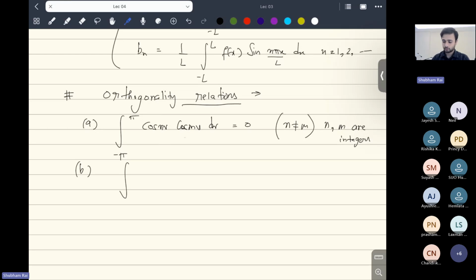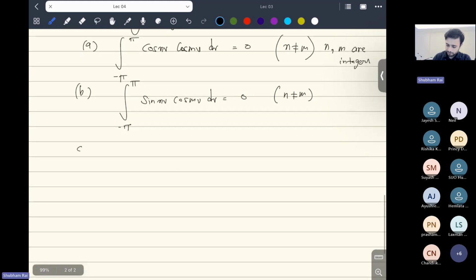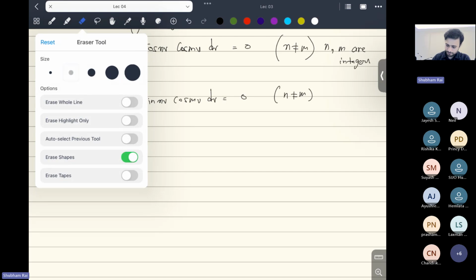And then again integral from minus pi to pi of sine nv and cosine mv dv. That will also go to 0 when n is not equal to m. And then we have the third one, which is integral from minus pi to pi. Just let me correct it.